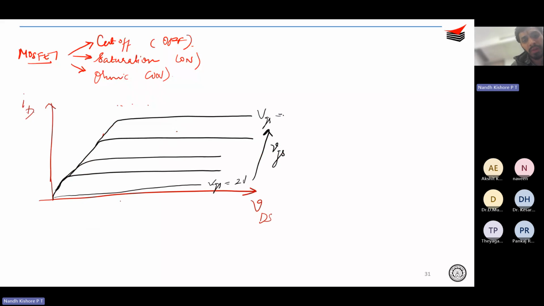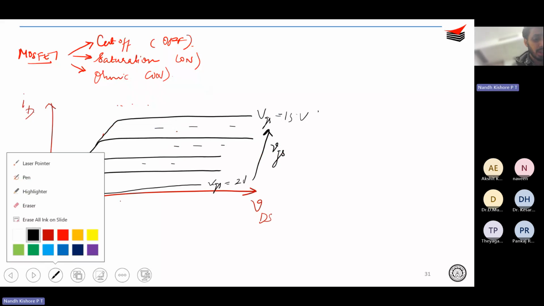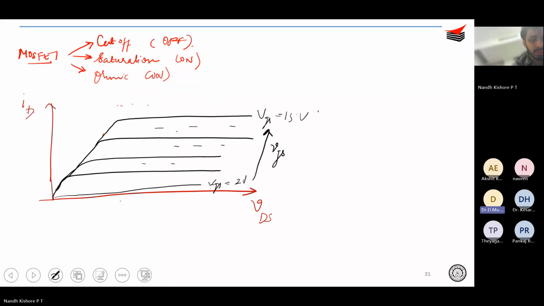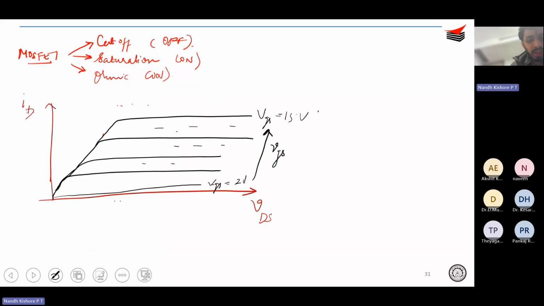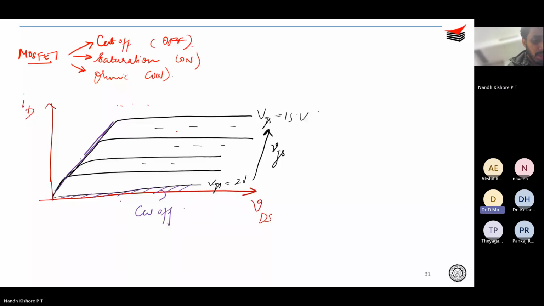This will be VGS equal to 15 volts. So you have a number of curves in between. Okay. So you know that this particular region wherein the MOSFET doesn't conduct at all, this is your cutoff, correct? And this is your ohmic region, correct?